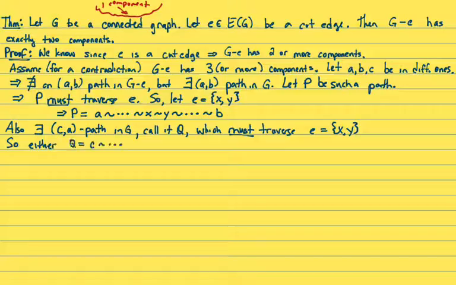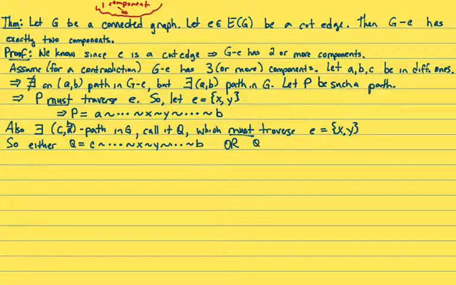Either Q is C, a series of vertices until you get to X, adjacent to Y, adjacent to ... adjacent to B. Oh, that's a typo. I should have said B here. Let me fix that. This right here needs to say B. That doesn't destroy my proof. Maybe a little different than in the book, but that fixes my problem.